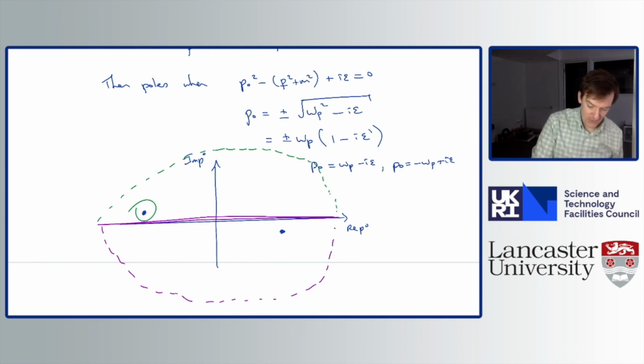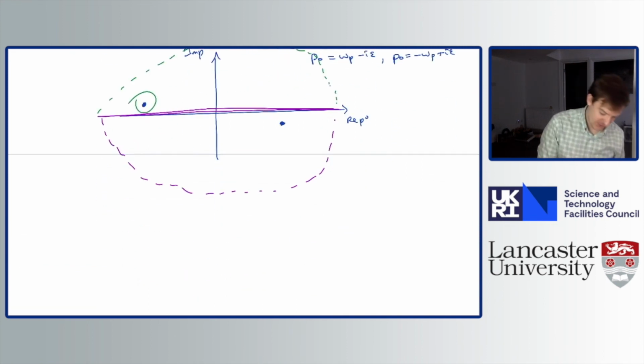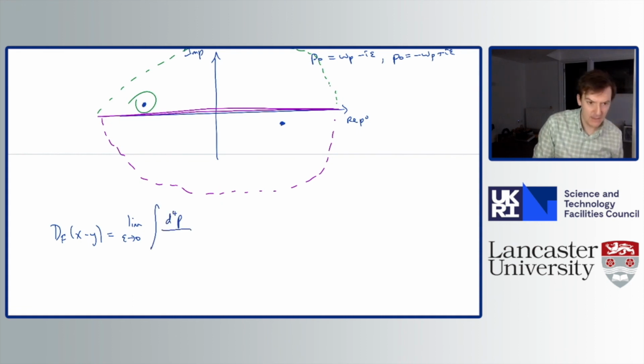This is why you often see the notation that the Feynman propagator, D_F(x minus y), is the limit as epsilon tends to 0 of the integral d^4p over (2 pi)^4 of i over p squared minus m squared plus i epsilon, times e to the minus i p dot (x minus y).